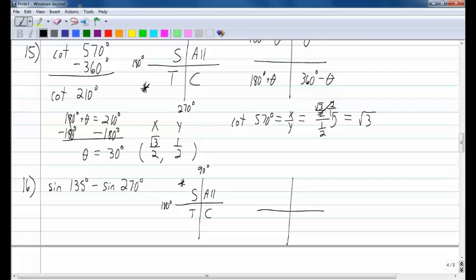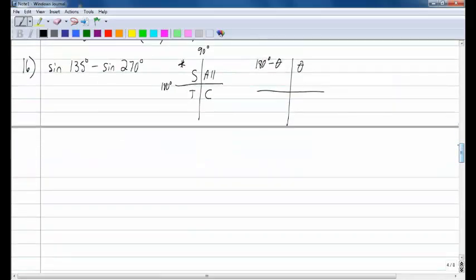Now to figure out the reference angle for 135 degrees, use the reference angle chart. And the formula for the second quadrant is 180 degrees minus theta. So I'll say 180 degrees minus theta equals 135 degrees. This is going to give me the reference angle for 135 degrees. Subtract 180 from both sides.